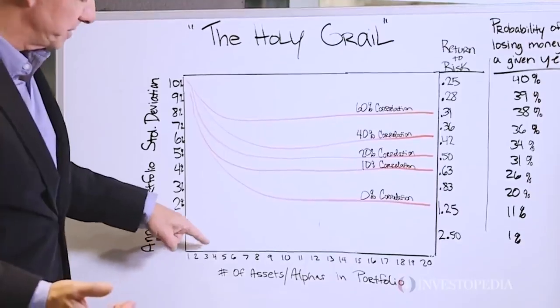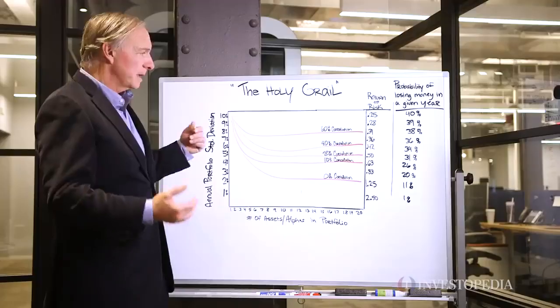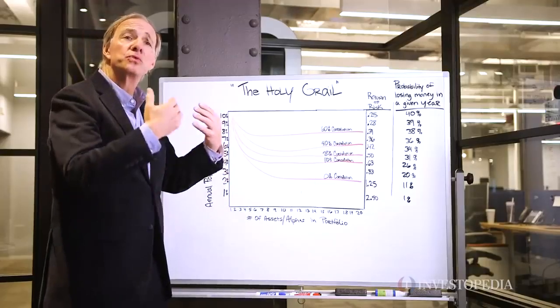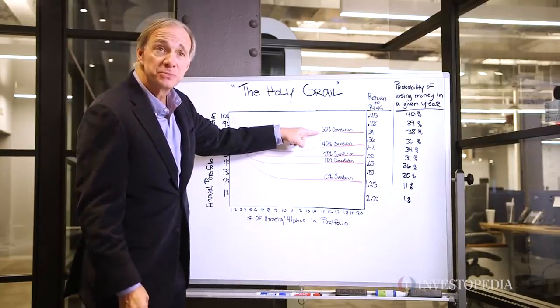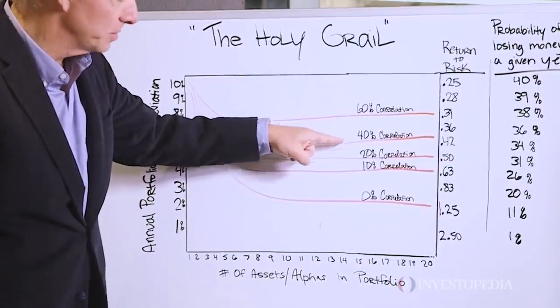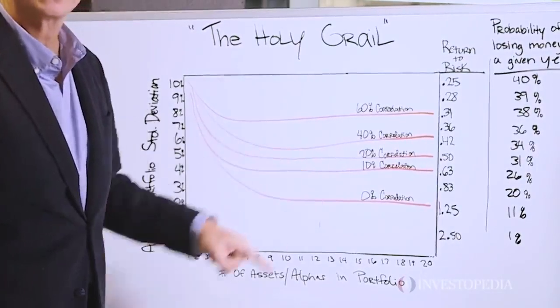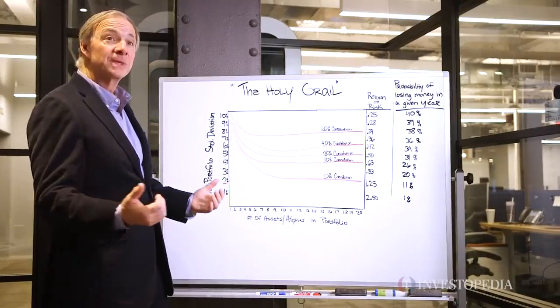I add in a second, a third, a fourth, a fifth, up to whatever number. How would that reduce my risk if it on average has a 60% correlation? Or on average a 40% correlation, or a 0% correlation? How would that change? I wanted to know that.